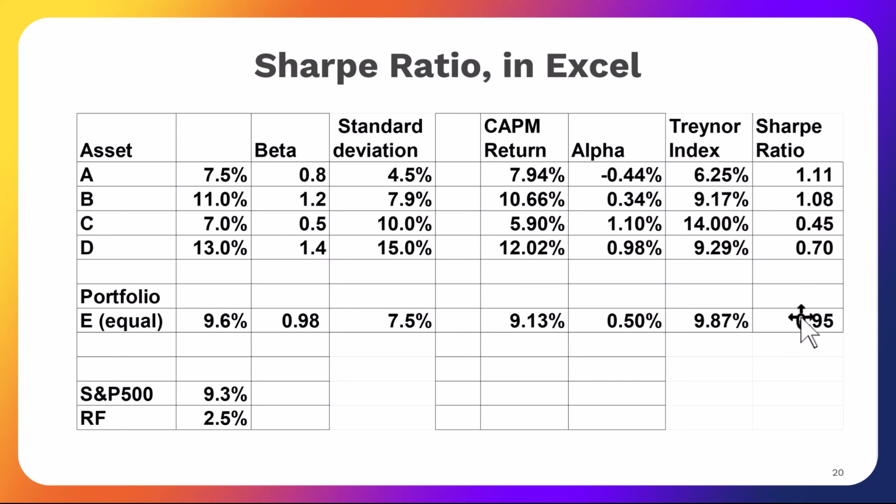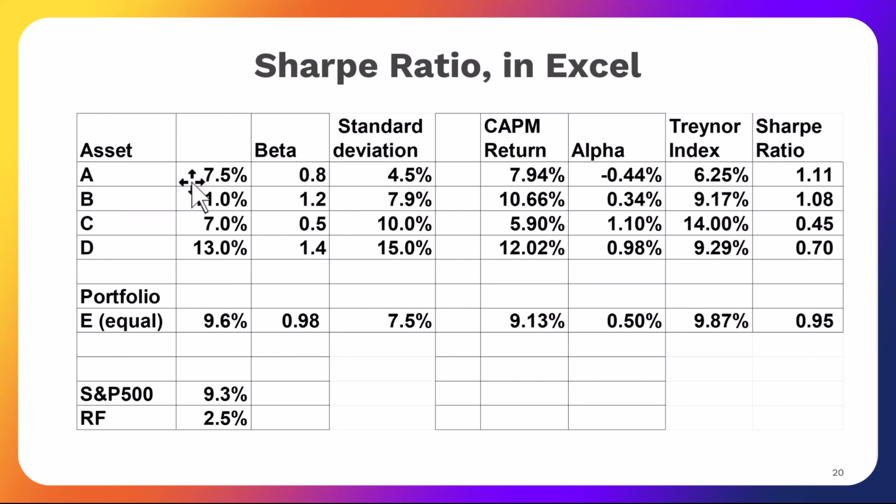So here in our Sharpe index, we see that things have changed. The Sharpe ratio is a measure that's utilized the most. It measures excess return relative to standard deviation. It uses the total risk of the asset. So it's probably less valuable as a tool for stocks than for portfolios, since portfolios tend to have less diversifiable risk.